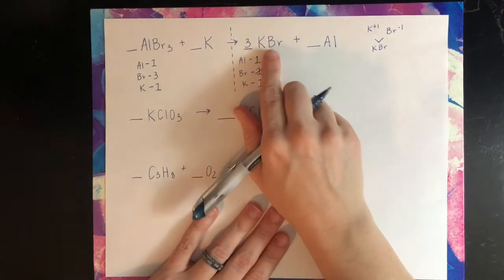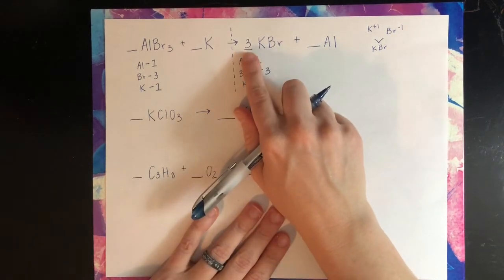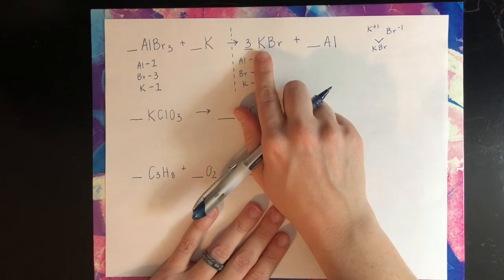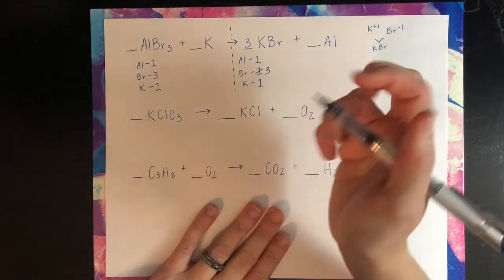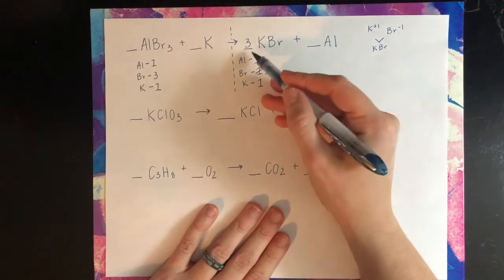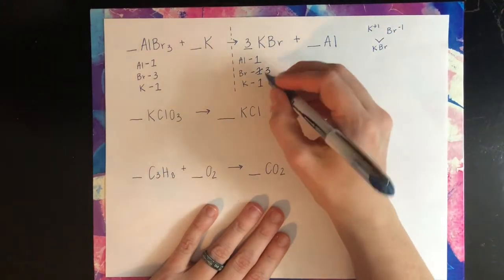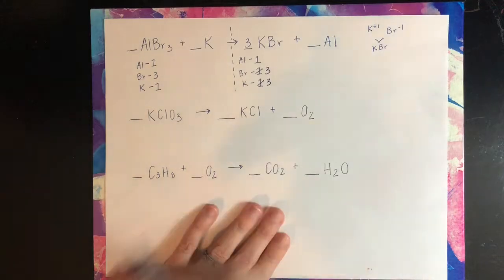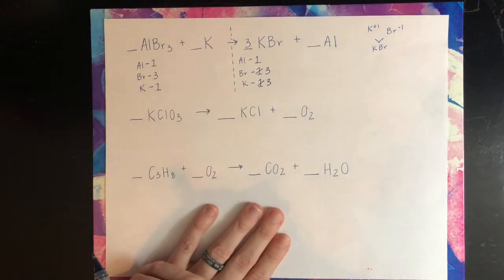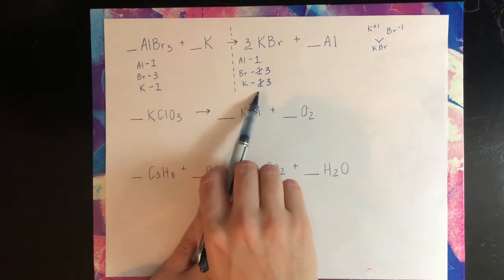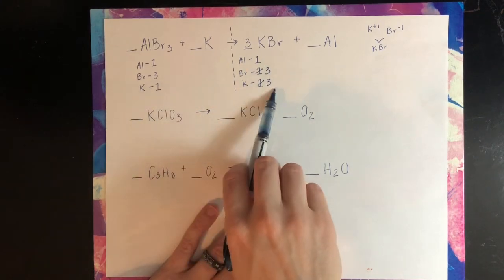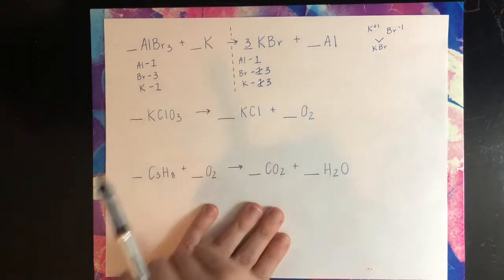So the way to make there be 3 bromine atoms is to have 3 formula units of potassium bromide. Now you might be saying to yourself, well, wait, now you have 3 potassiums also. You're right, I do. So I need to change that to a 3 right there, which means before my potassiums were balanced. I had 1 and 1, but now I have 1 and 3. So they're not balanced anymore, but that's okay.